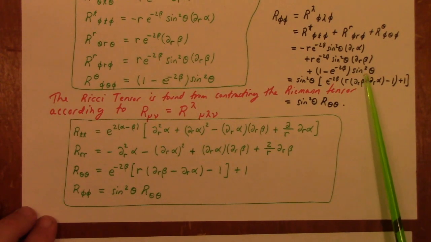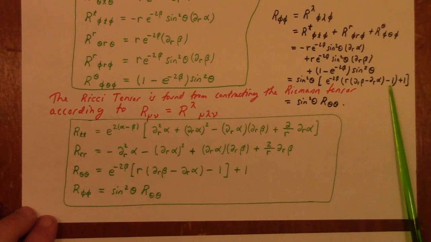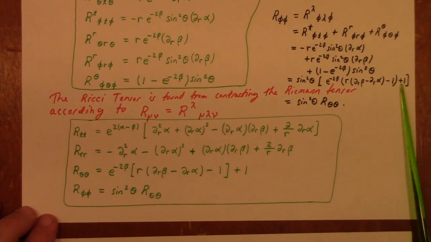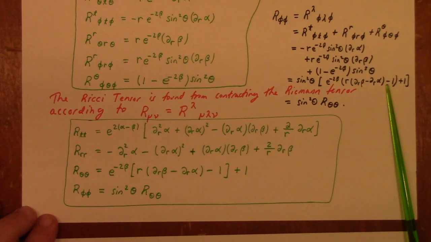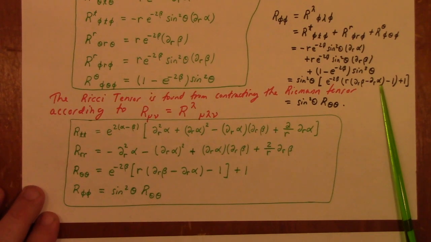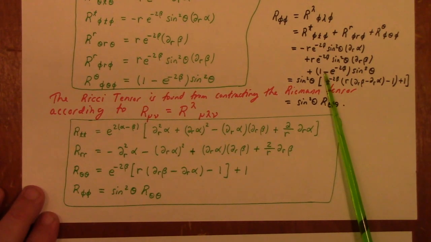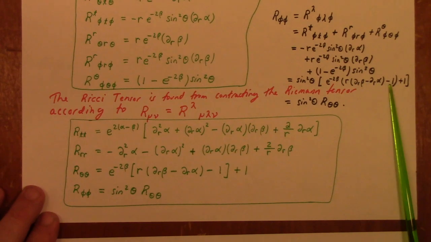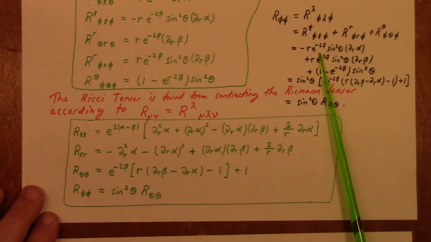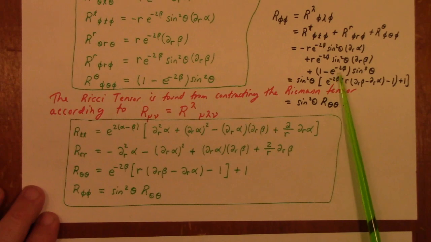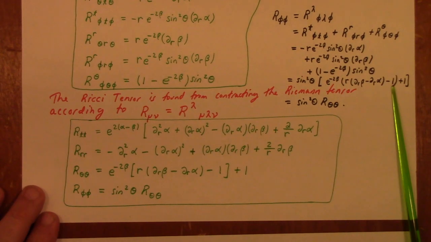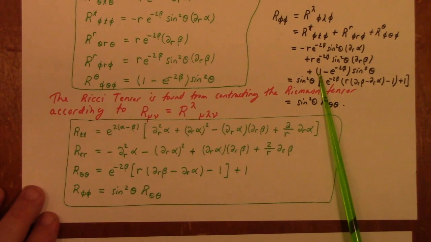So, oh, there's no minus. Why is that minus 1? Maybe it should be plus 1. Oh, that's that plus 1. Where's that minus 1 coming from? Goodness. Oh. Oh, that's the e to the minus 2 beta. That's this term right here. So it's this e to the minus 2 beta gives us this minus 1. See, the e to the minus 2 beta is here and here. So this and this give me these terms. And that one is from that one.